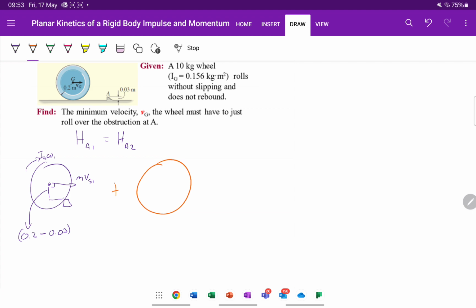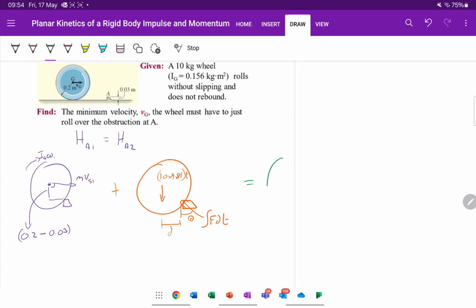We then think about all of the forces that are acting to cause a change in momentum. Anything that could cause an impulse, change in momentum. So there's going to be a contact force with the step. It's going to be at an angle, because it's not going to be a straight contact, and it's going to be a distance away from the centre, and my weight is going to be 10 times 9.81, and that's all going to be times t, because this is an impulse diagram.